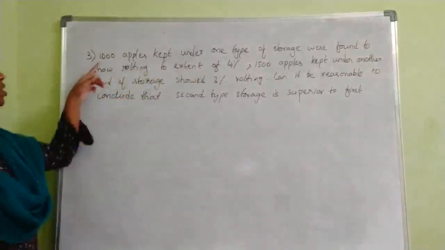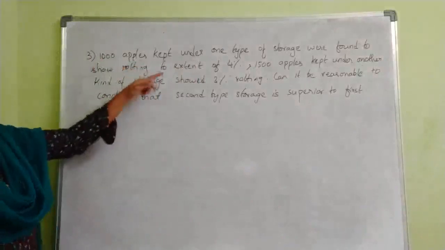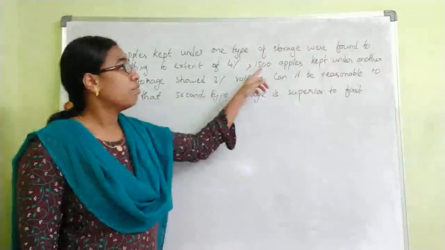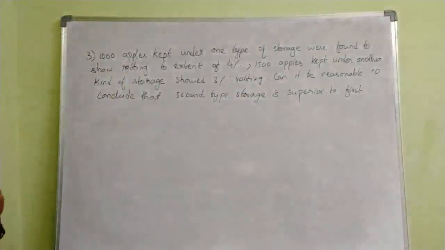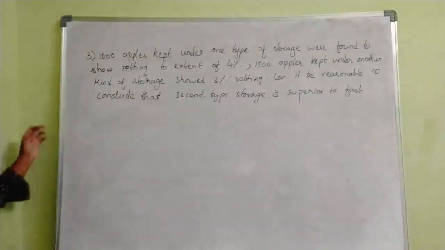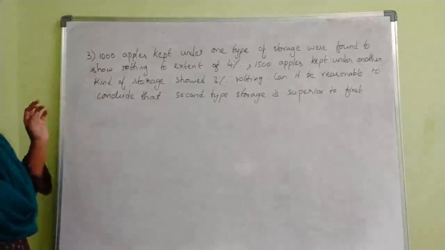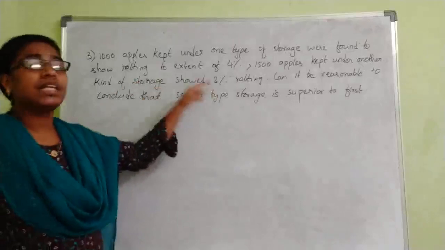So among those 1000 apples under the first storage type, there is 4% rotting, and similarly 1500 apples kept under another kind of storage showed 3% rotting. Among the 1500 apples kept under the second kind of storage, how much rotting? 3%.